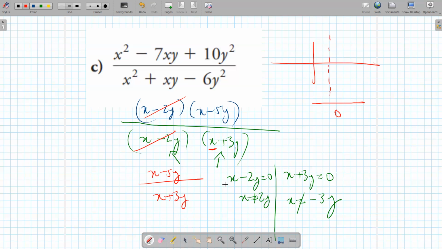On the other hand, if x were to be 2y, you would get 0 over 0, which is different from something over 0, okay? Now what's the difference? Anything over 0 is a vertical asymptote. 0 over 0 is a hole in the curve. There we go.